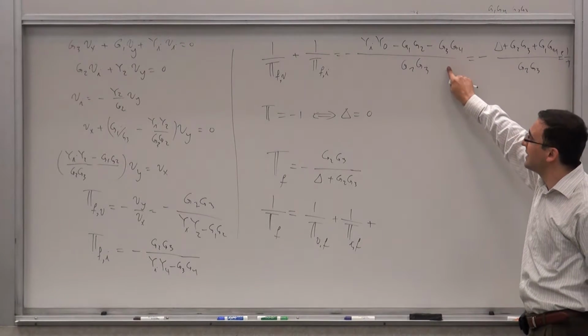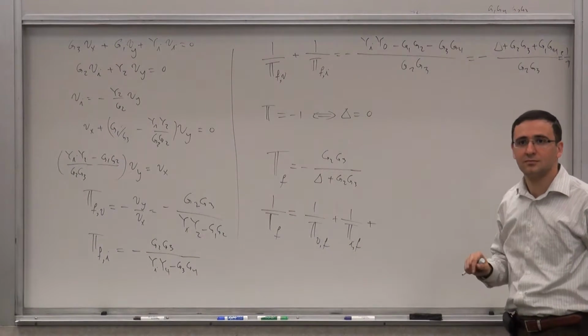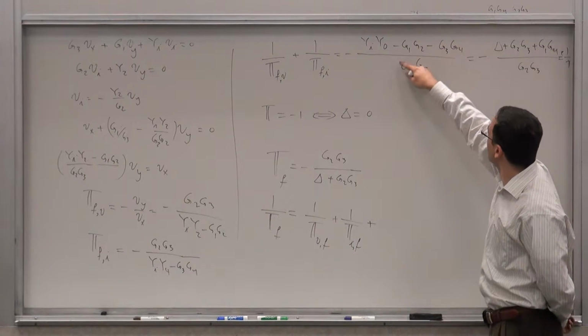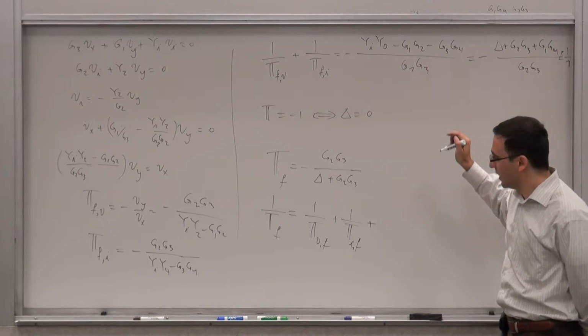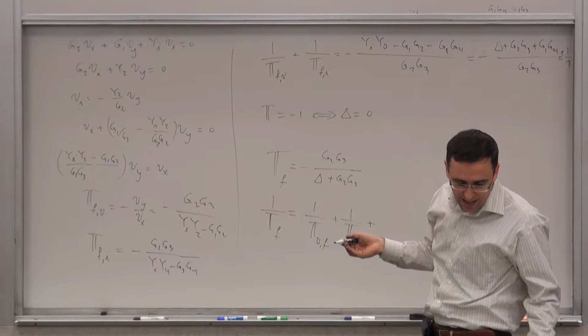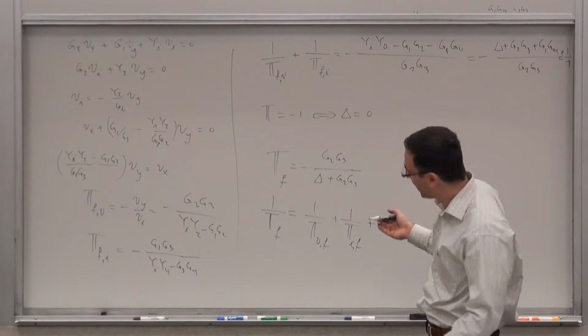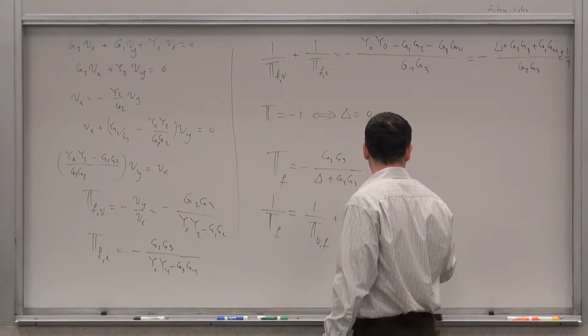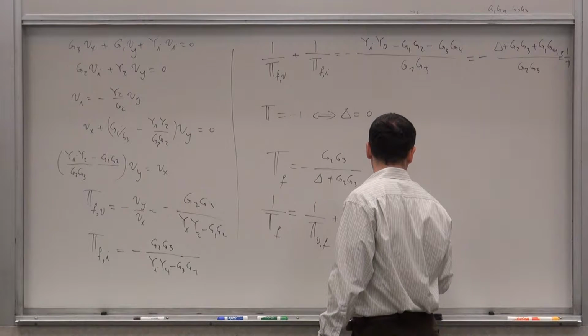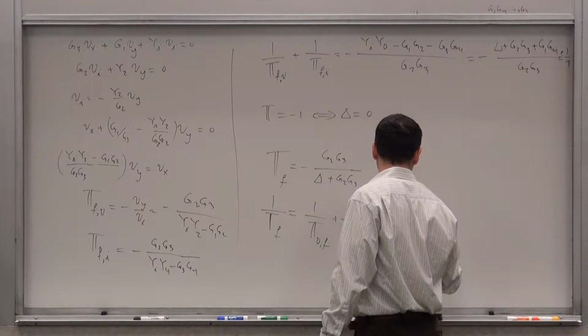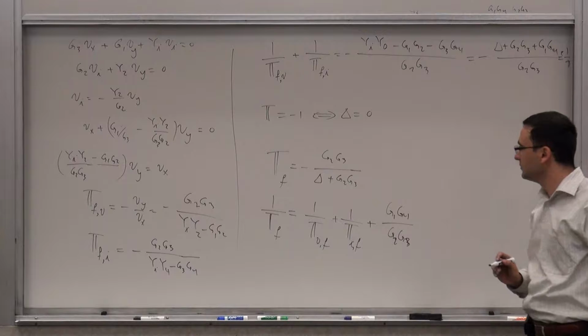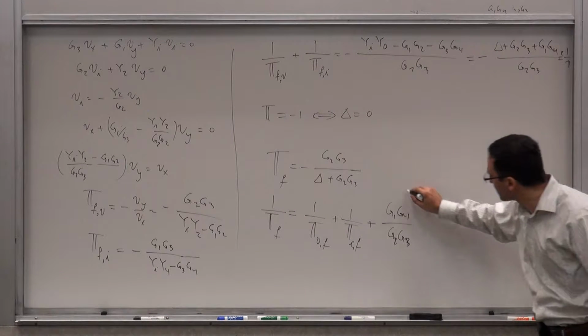What do I need to add to this to make it equal to that? This last term. So it has to be, basically, plus G1 G4 over G2 G3. So this is my correction.